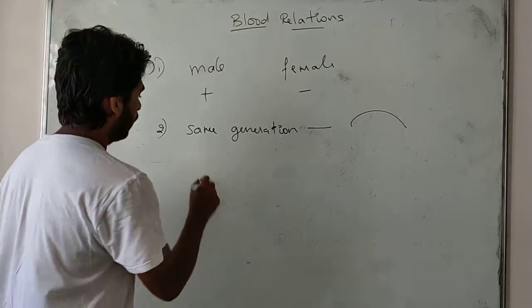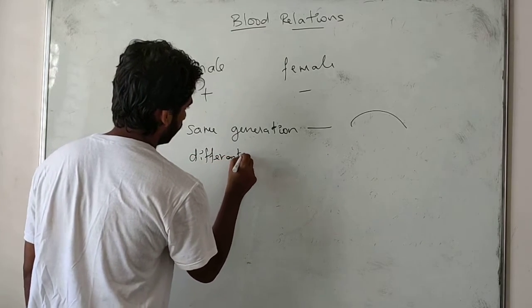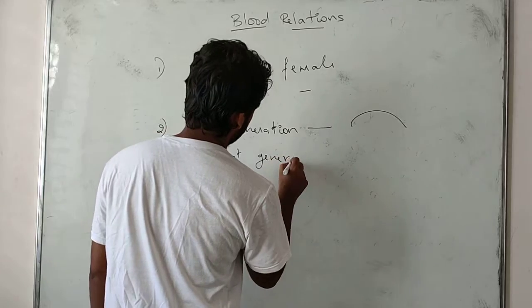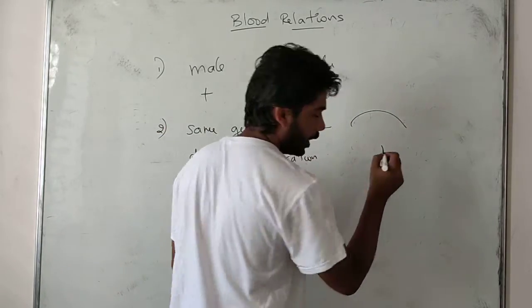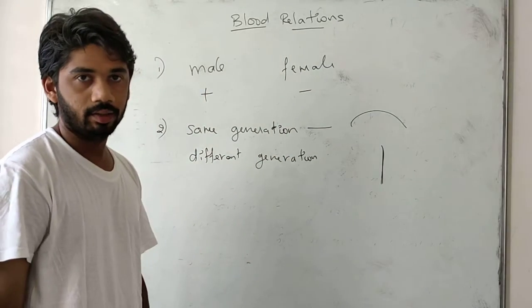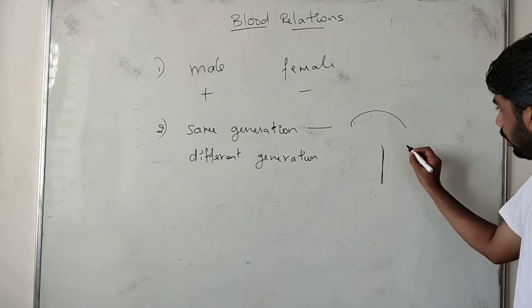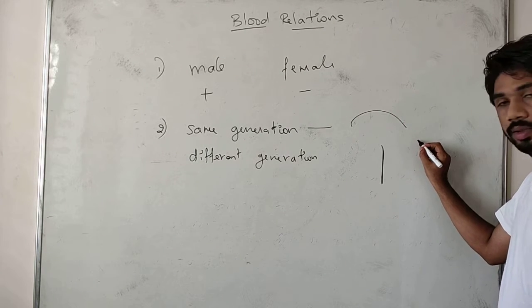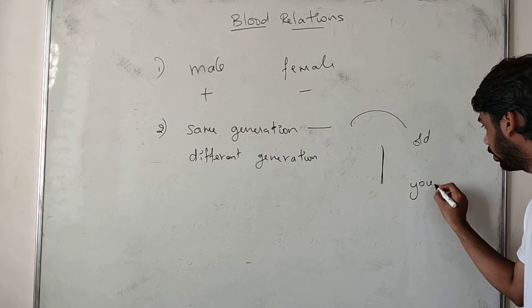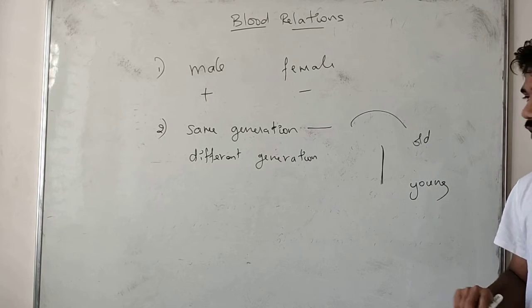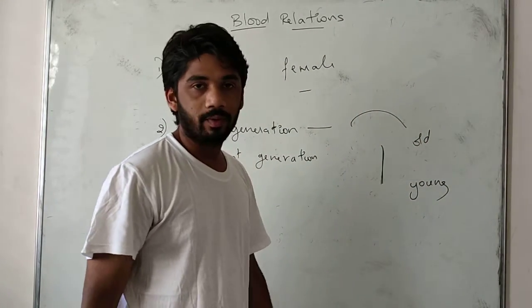For different generation we will be taking a straight line. Always in the line, the upper part is for older people and the lower part is for younger people. On top will be older, bottom will be the younger people.